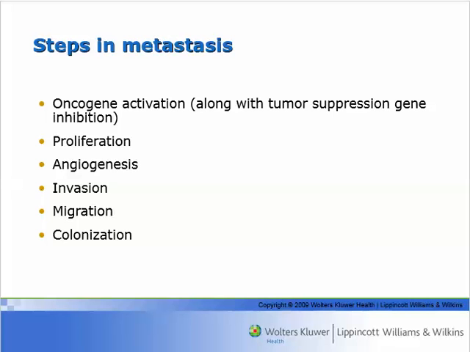Now, the growth is very quick, and if it was just left to itself, the cells wouldn't survive for very long. They need to be supported, or they want to be supported.